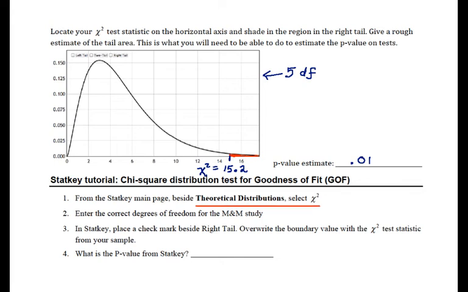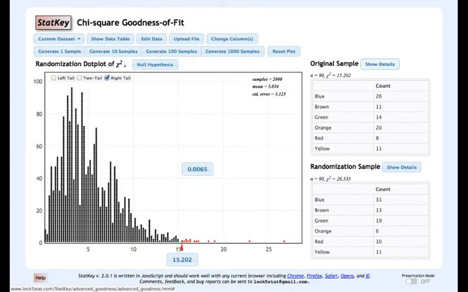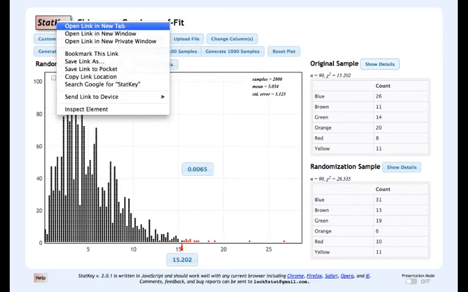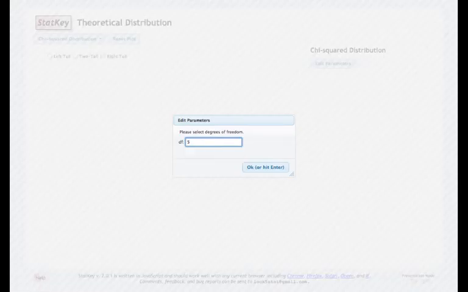So we're going to go to theoretical distributions, chi-square. We need to enter the correct degrees of freedom for the M&M study. We've already said a few times that's 5. And then we will find our p-value using a right tail again and using our chi-square test statistic as the boundary value. So coming back to StatKey, I want to keep this tab open. So I'm going to right-click on StatKey and select Open in a new tab and come over to Theoretical Distributions, chi-square is where we're going. 5 degrees of freedom.